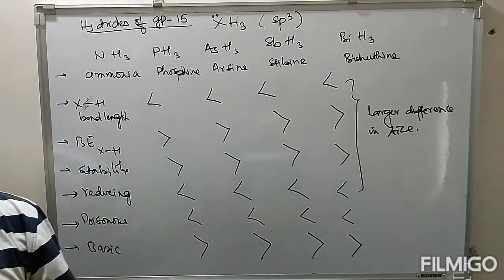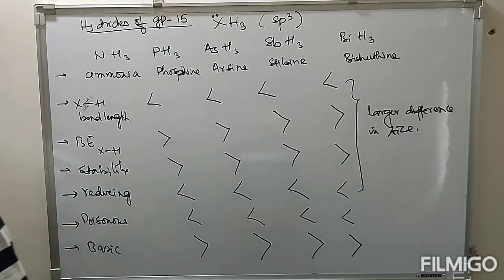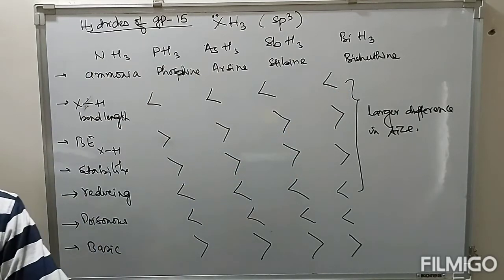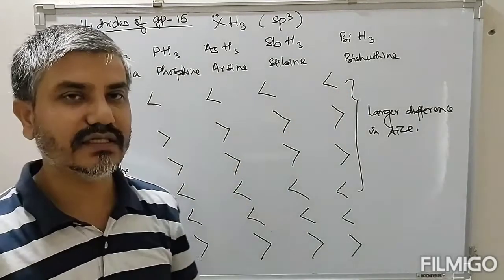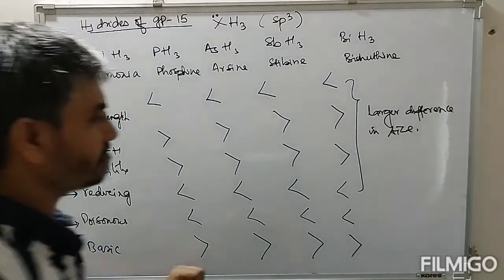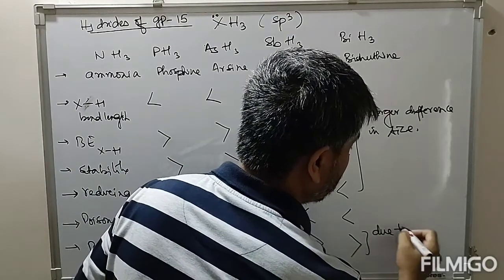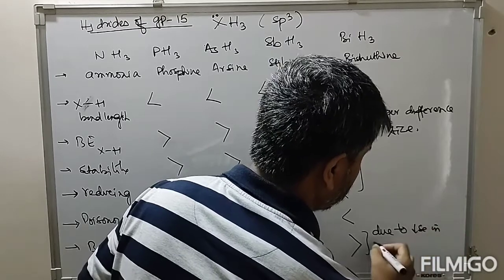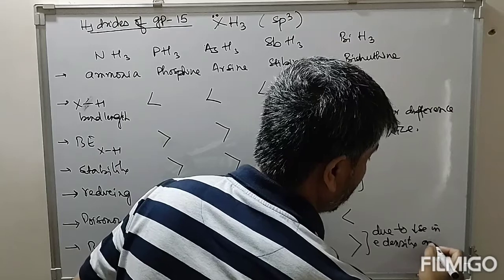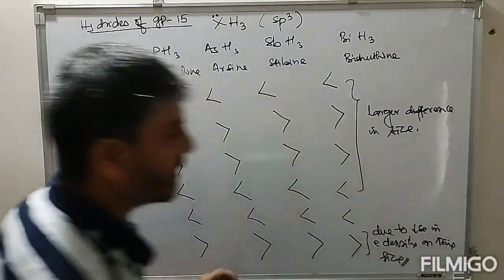But here the basic property is explained based on electron density. As the size increases, electron density decreases. As the electron density decreases, the tendency to donate electrons also decreases. It is due to this decrease in electron density on increasing size that the basic character decreases.